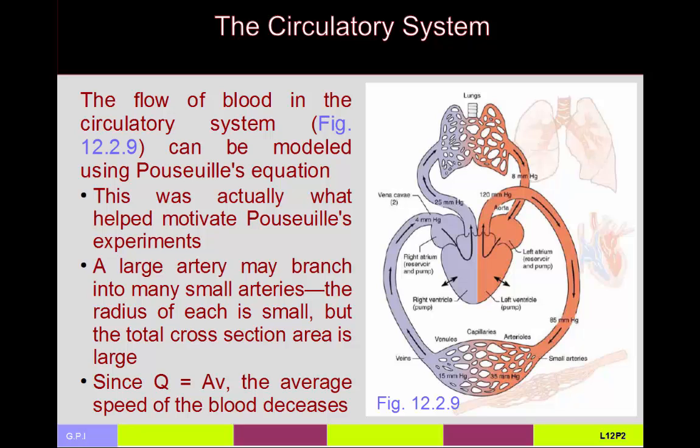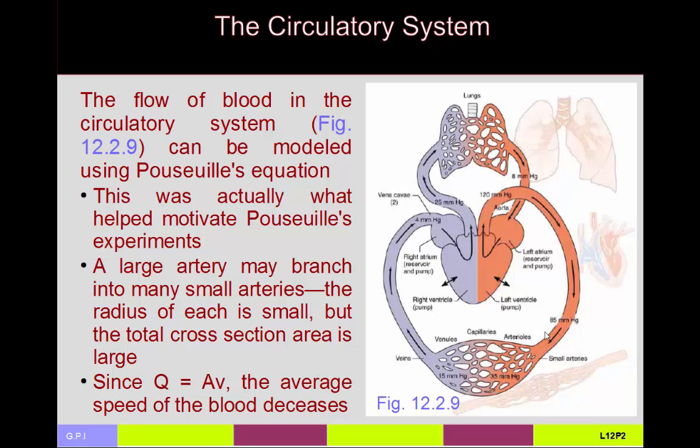The circulatory system as a whole can basically be modeled using Poiseuille's equation. And that's actually what helped motivate Poiseuille to conduct all these experiments and eventually formulate this equation. Basically how this works is you start off with the heart. You've got a very large artery, maybe the aorta, and a very large initial pressure, and then the pressure drops as the volume flows through the system.